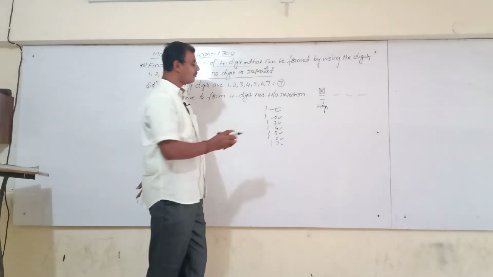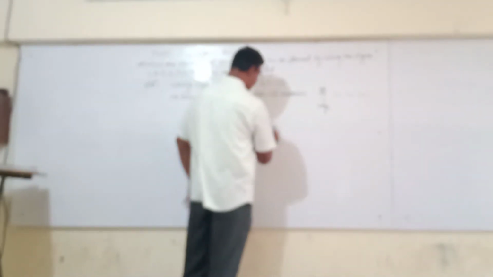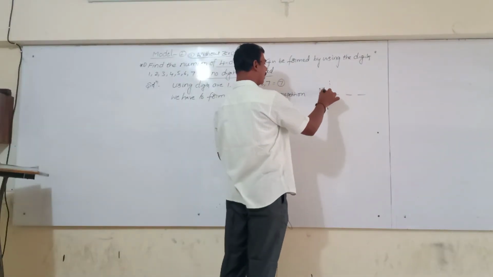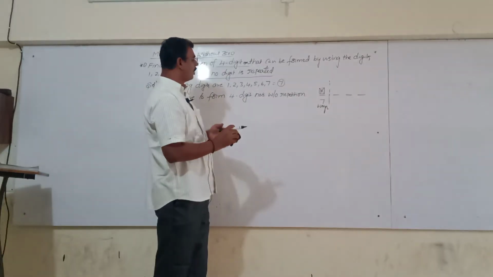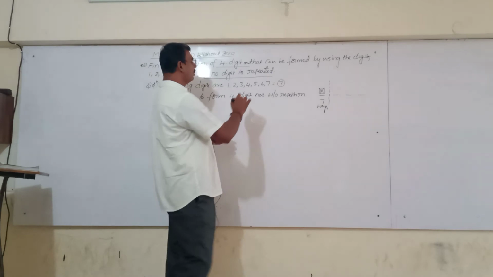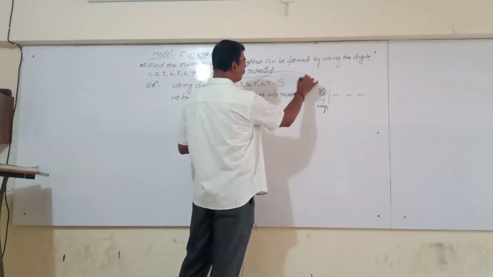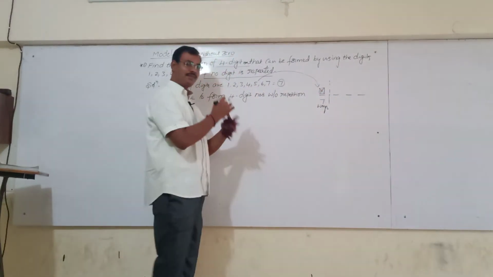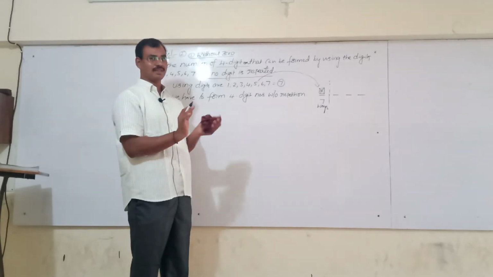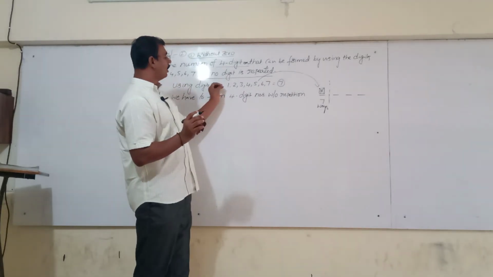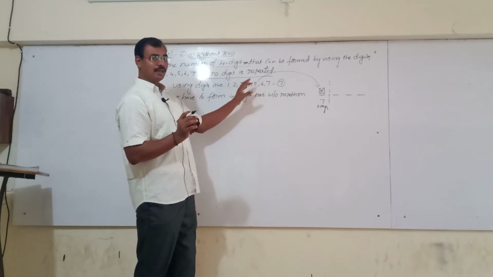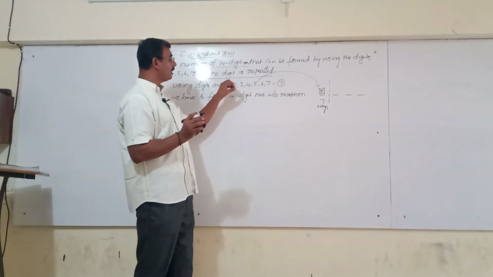Understood this point? Having filled this position, what is the meaning? Among these 7 numbers, one number has gone here, so that number is fixed and its place is fixed. Now, how many numbers are left?